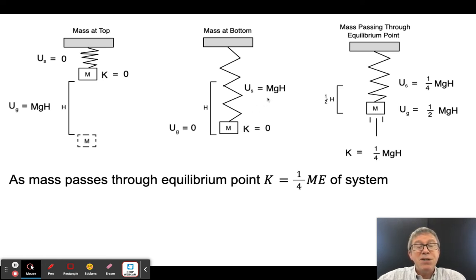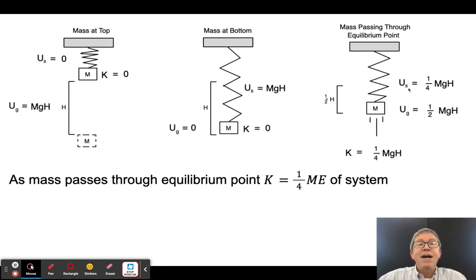So even though spring potential energy is defined to be 1/2 k delta x squared, in this case I can equate it to mgh. It has mgh worth of this. Now watch. This is going to move up and it gets to here. Now I have 1/2 h. So I've got 1/2 of my gravitational potential energy. I'm half as high here as I was here, so I have half my mgh.